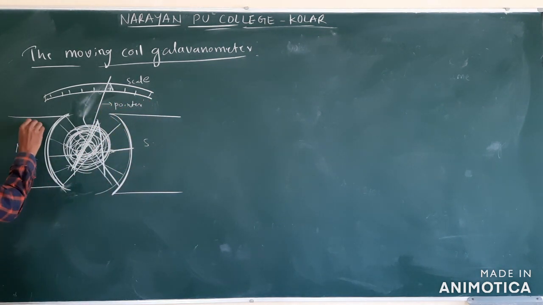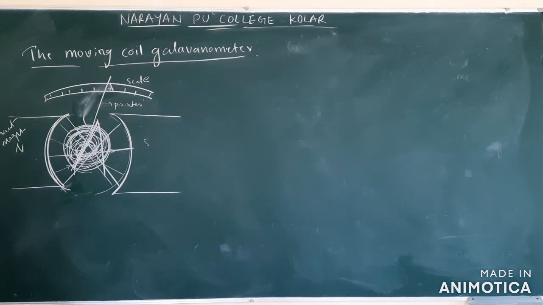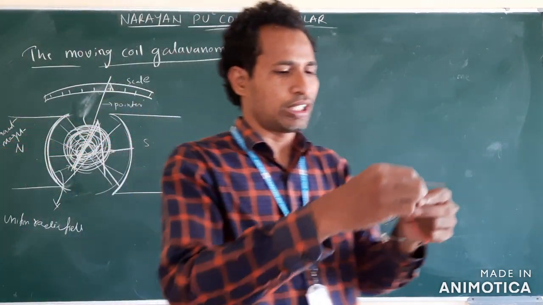These two are permanent magnets. Now this is a uniform radial field.